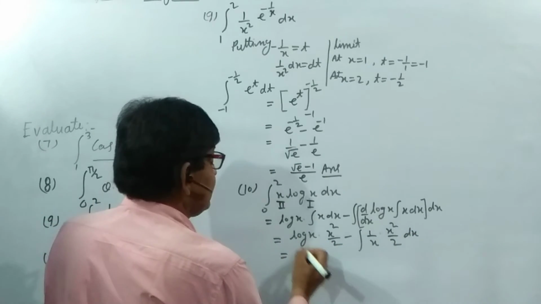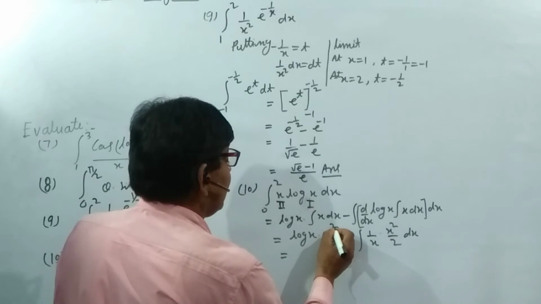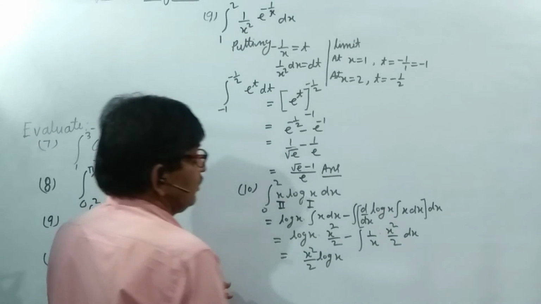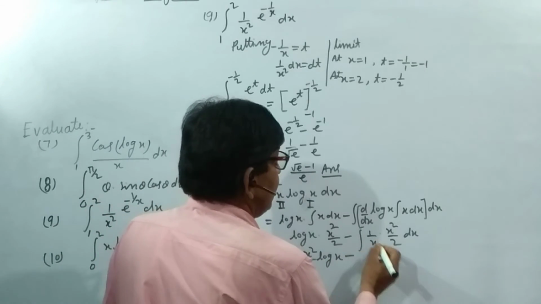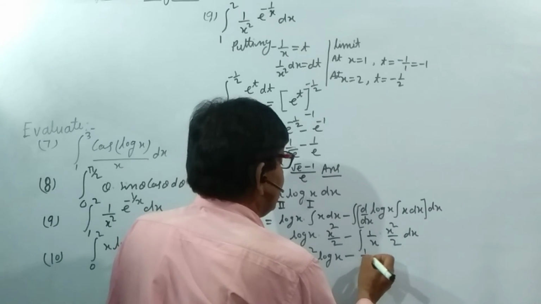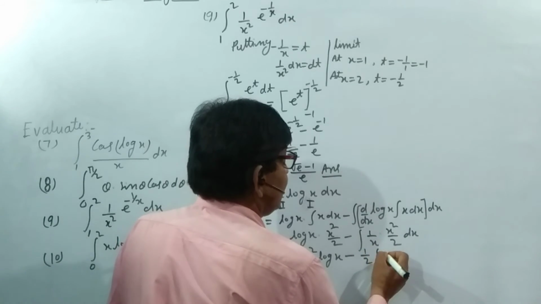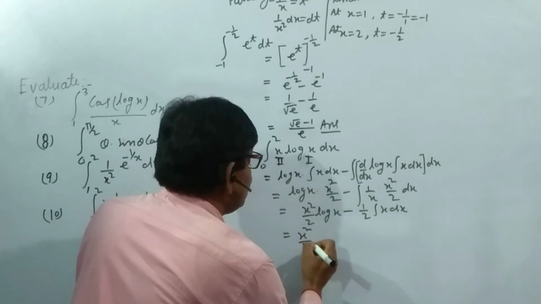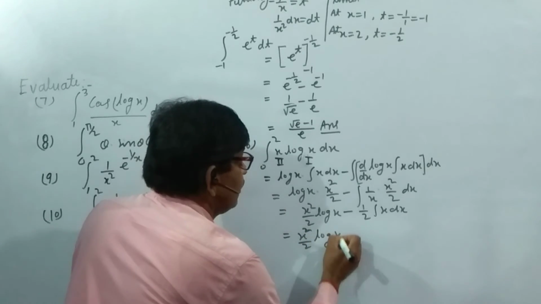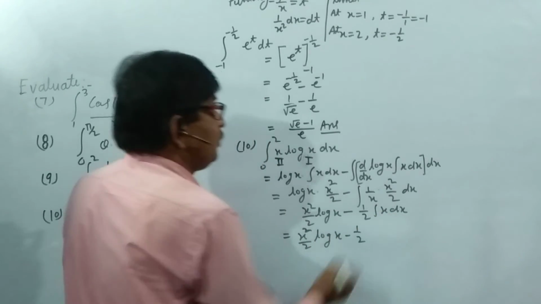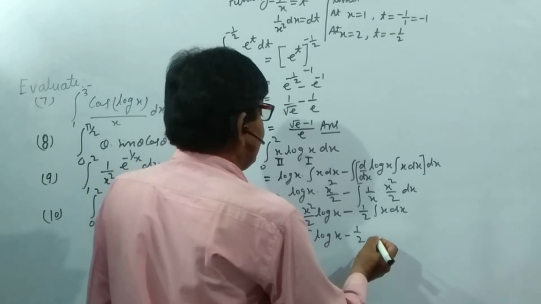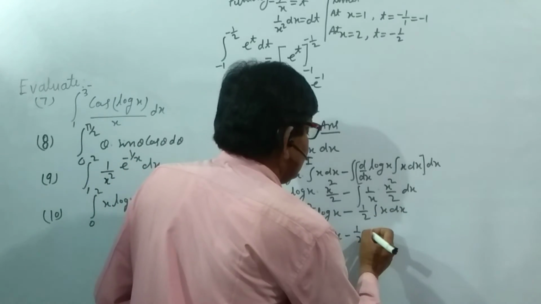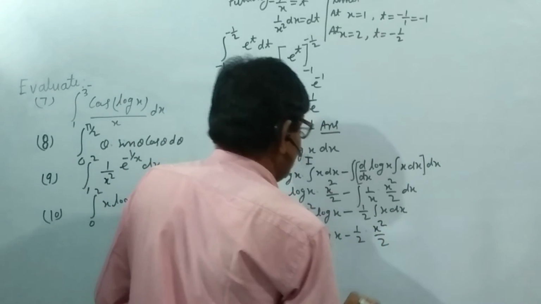Now this can be written here, x square by 2 log x minus 1 by 2 here, and x, integration of x dx, x square by 2 log x minus 1 by 2 integration of this, x to the power n plus 1 divided by n plus 1, so that this is equal to x square by 2.